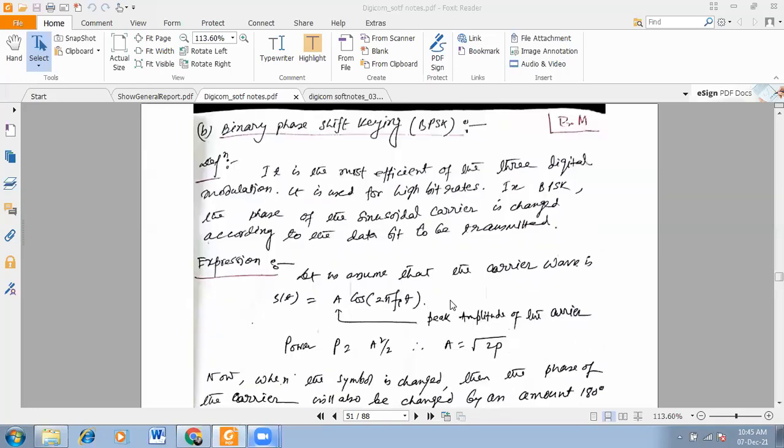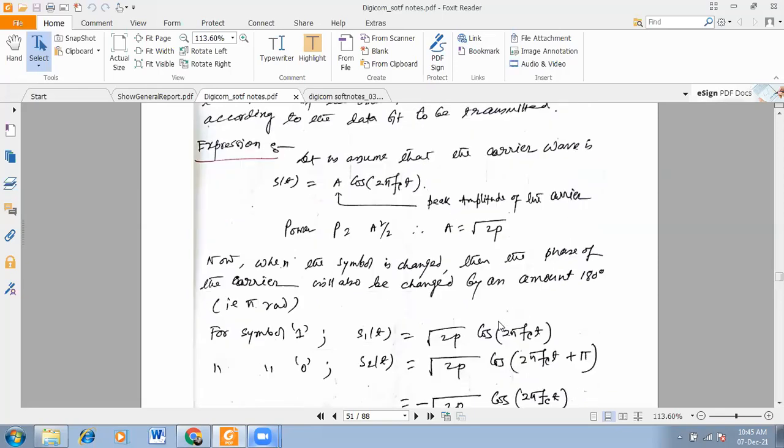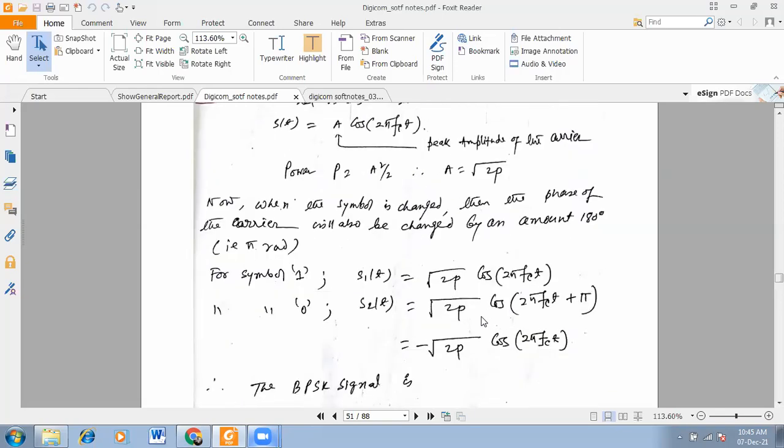Accordingly you can express this amplitude in terms of power, as I mentioned earlier. Power is amplitude squared by 2, so the amplitude is equal to root over 2P. Like in ASK, here also we get the transmitted modulated wave for logic 1 and logic 0.